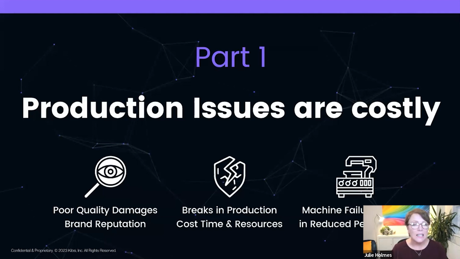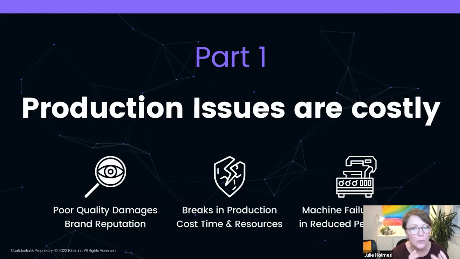real world. So when we think about the production issues, there are three main costly drivers when it comes to that production space. The first is, obviously, when we have a quality issue on the production line. I worked for over 20 years in the ERP space, and I worked with a lot of manufacturers and distributors.